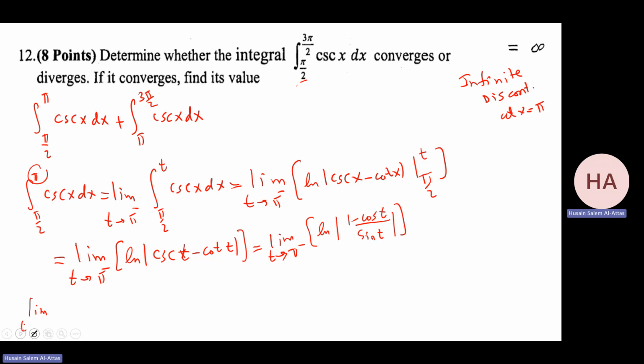Limit t goes to pi from left of 1 minus cosine t over sine t. 1 minus cosine, so 1 minus minus 1, that will be 2 over 0. So I have infinity here, positive for sure, so that will be infinity. Yeah, well, this is my answer. Diverges.